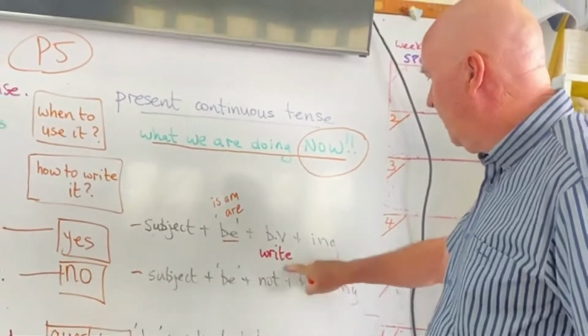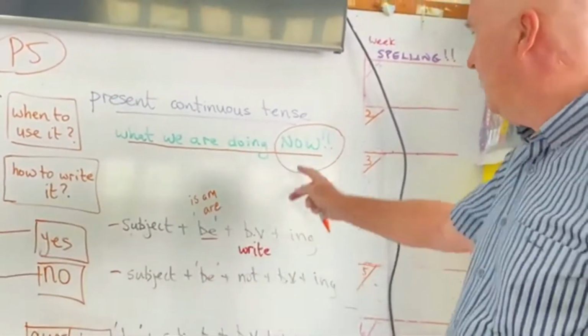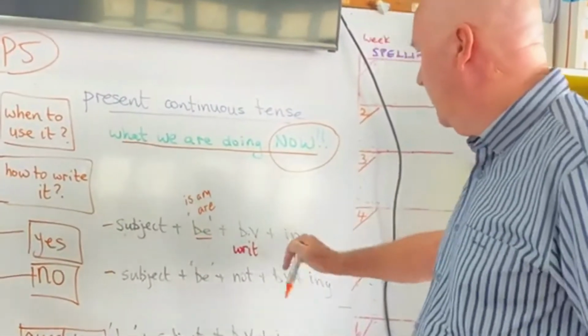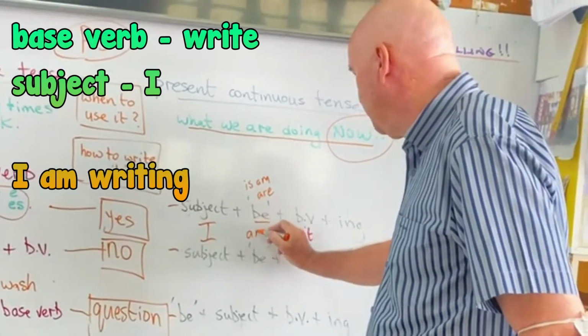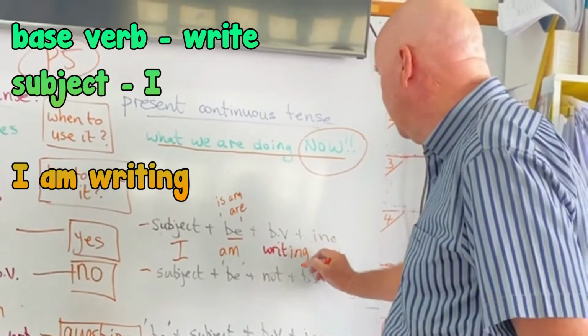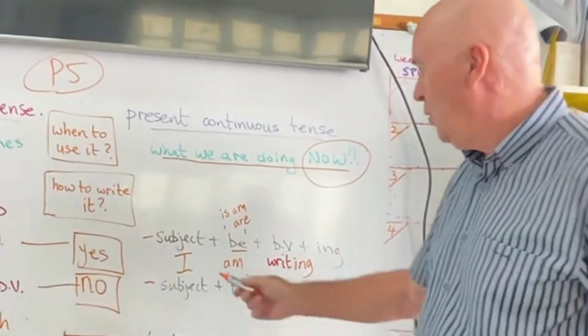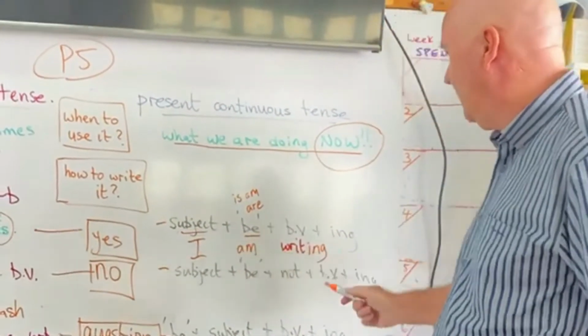So, if my base verb is write, and I'm talking about what I'm doing now, I would put subject I, verb be am, I am writing. Who are we talking about? I. Am goes with I. I am writing.